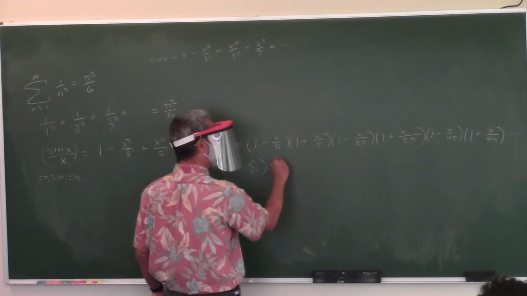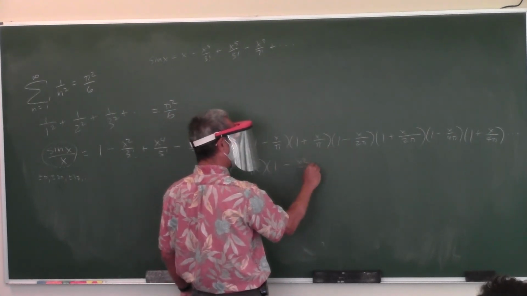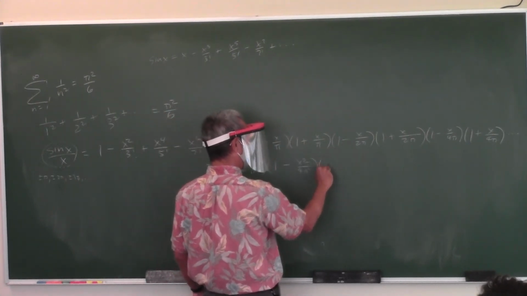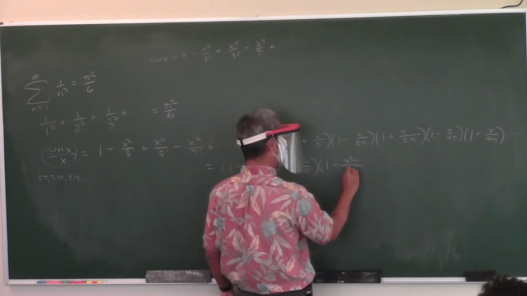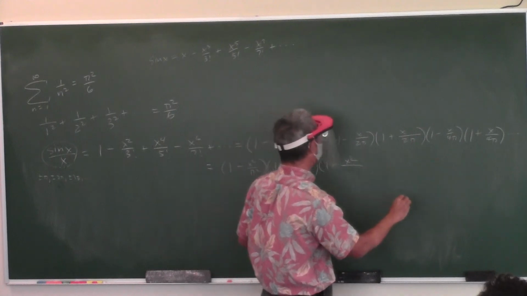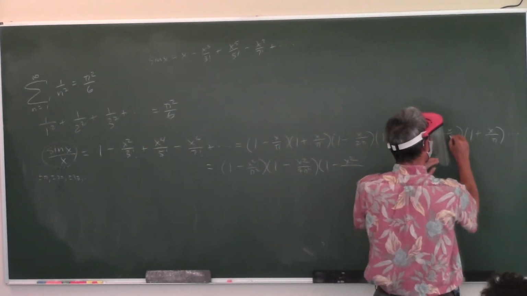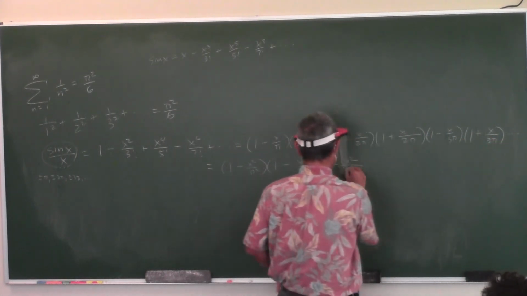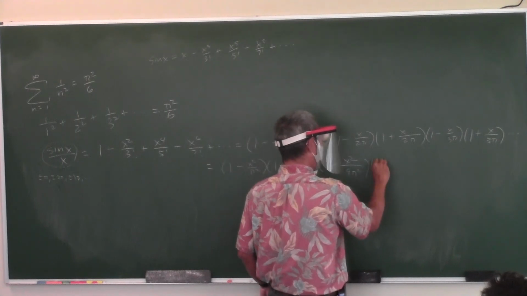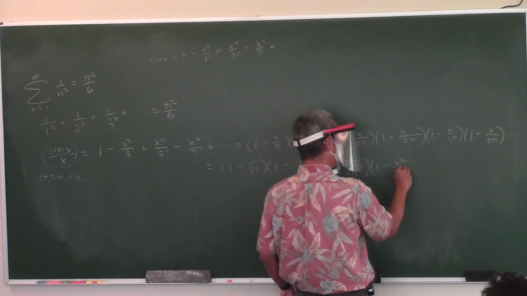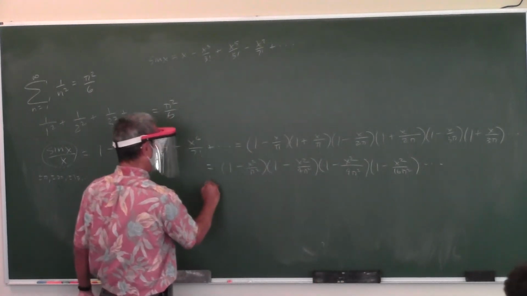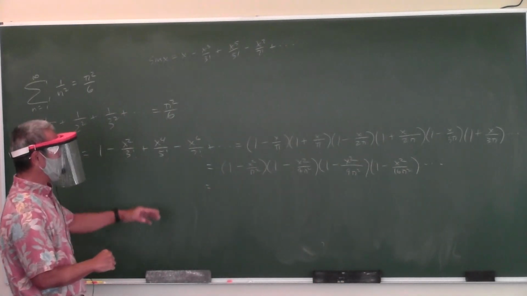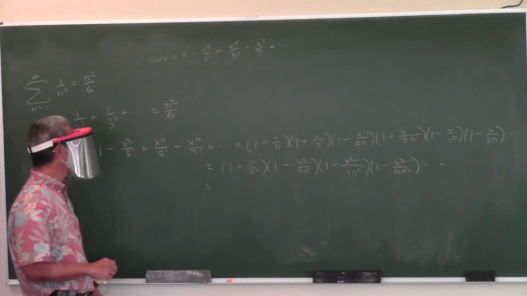Multiply the next two, you get 1 minus x squared over 4 pi squared. 1 minus x squared over, I skipped one, this should be a 3, 9 pi squared, 1 minus x squared over 16 pi squared, dot, dot, dot, forever. Now, multiply out.